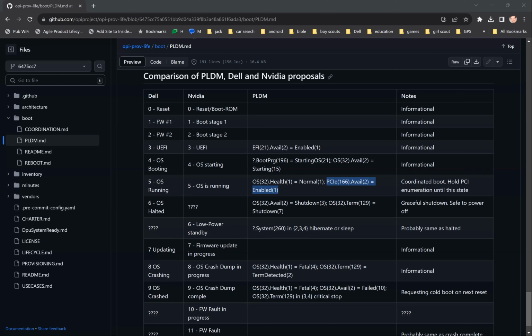So do we have any more discussion regarding this, or have we reached some level of consensus? I think we're sort of in consensus.